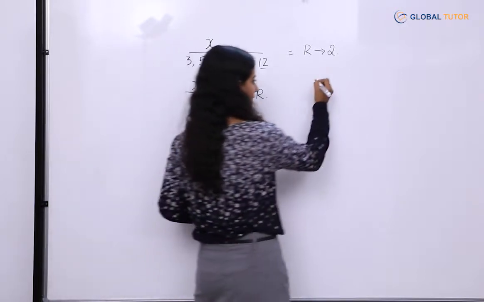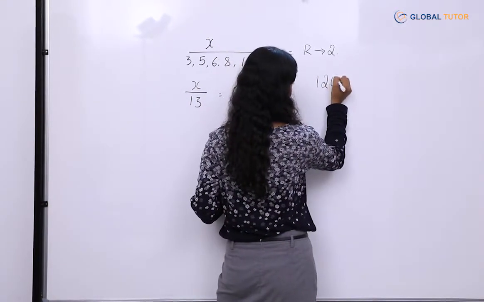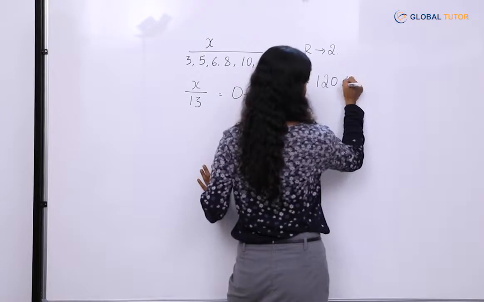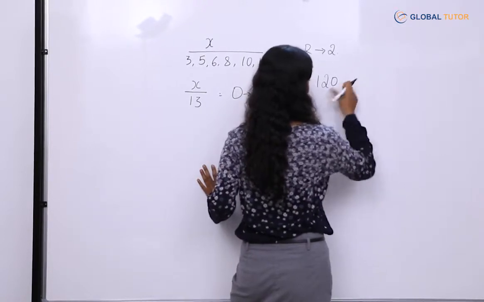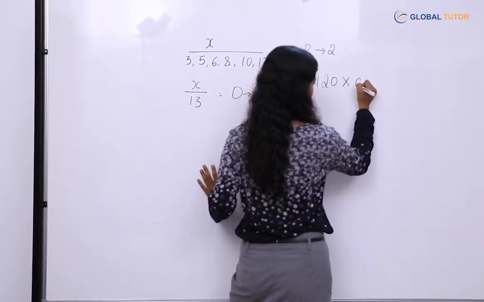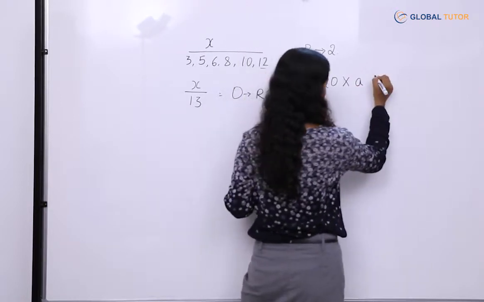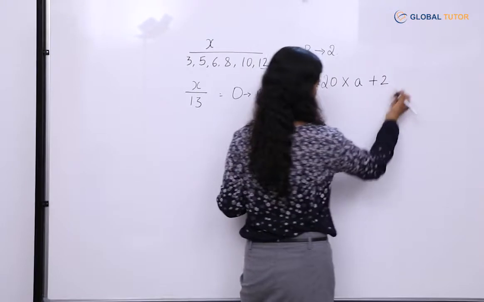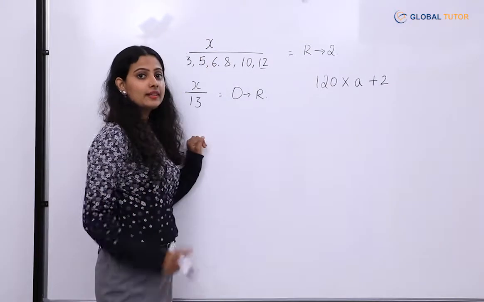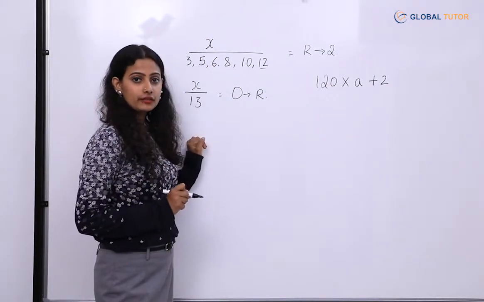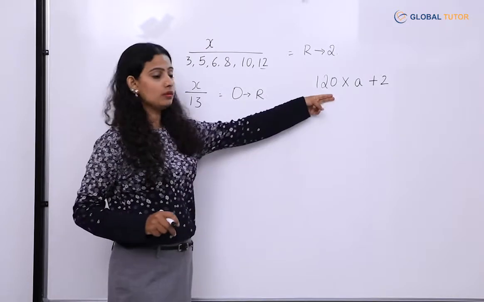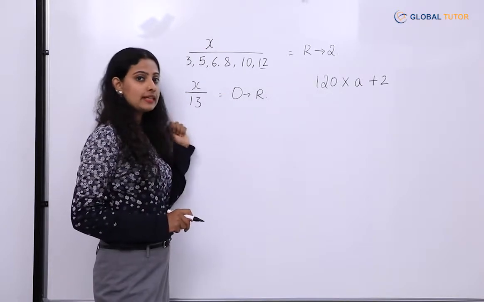So it can be written as 120 into a, let's consider this a as any number which will be the multiple of 120, then plus 2. Now what is the second condition they have given us? The same number has to be divisible by 13.